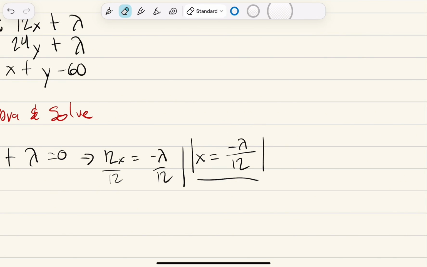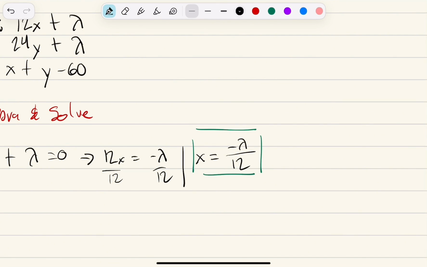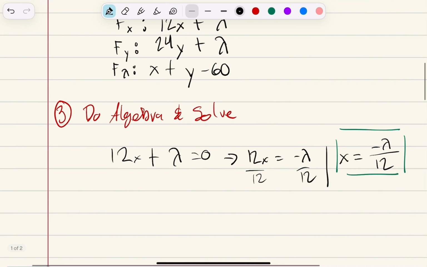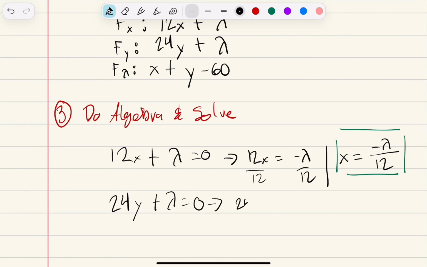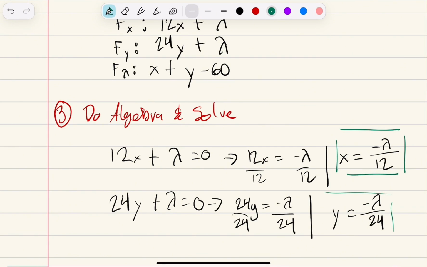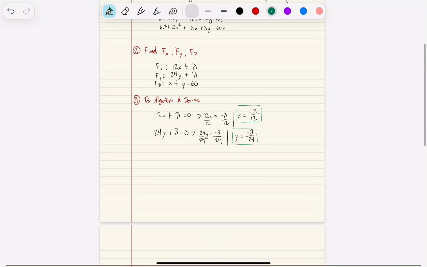Then next up we have 24y plus lambda. Same thing: 24y is equal to negative lambda, divided by 24. Boom. We have y equals negative lambda over 24.